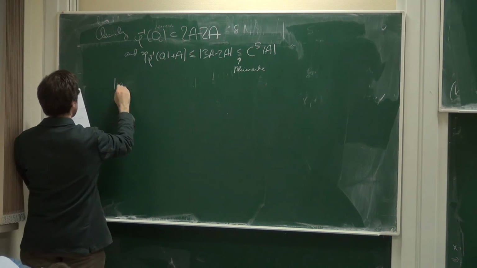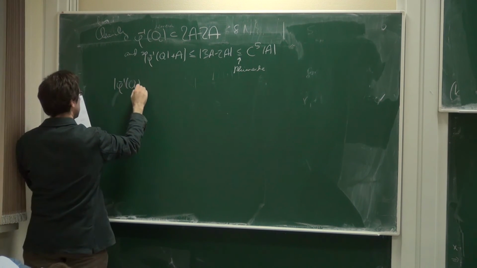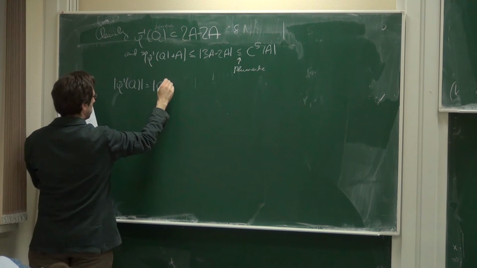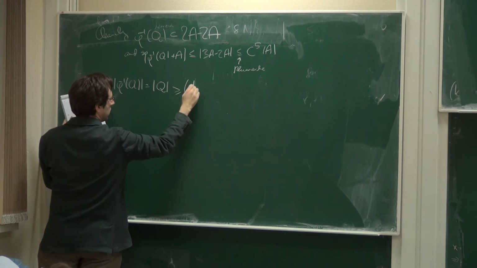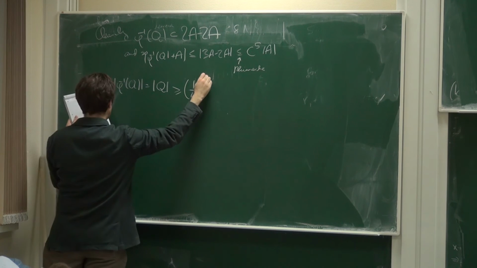And we also have that phi inverse of Q has size Q, because phi is a bijection, which is at least 1 over 6k to the k times A.